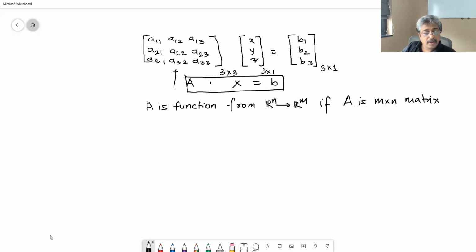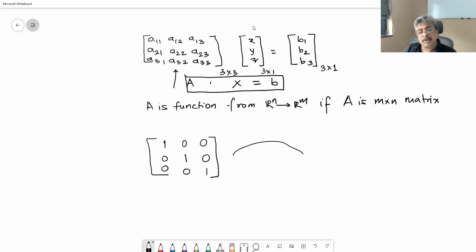Suppose in domain we have 1 0 0, 0 1 0, 0 0 1. This is the matrix in domain which gets transformed under the function f, or we will call that function now transformation.